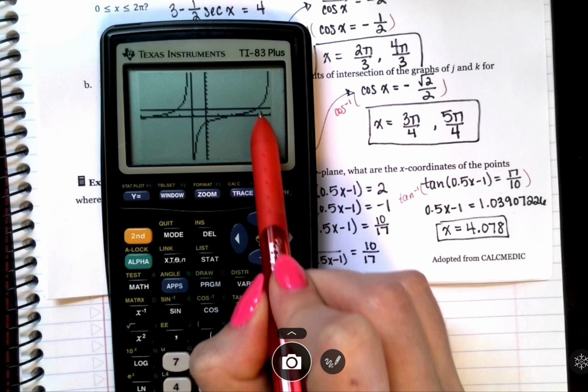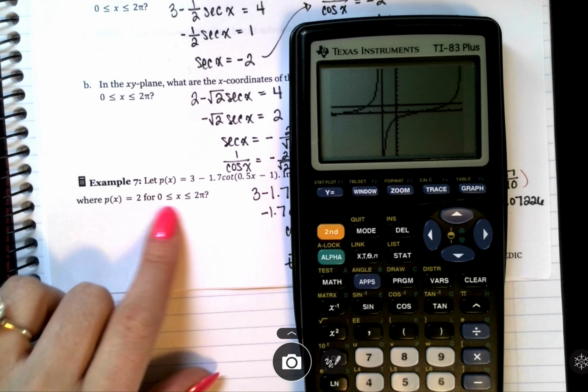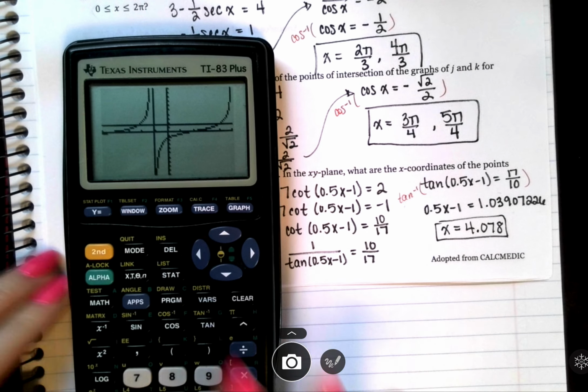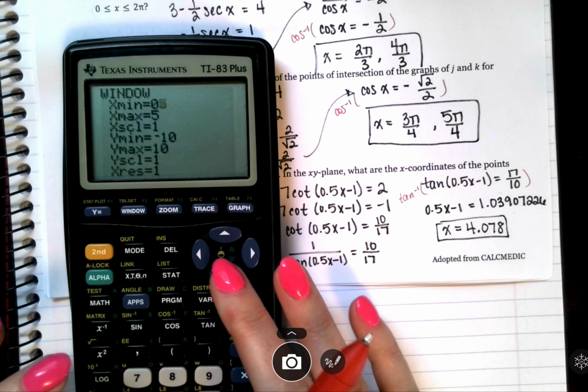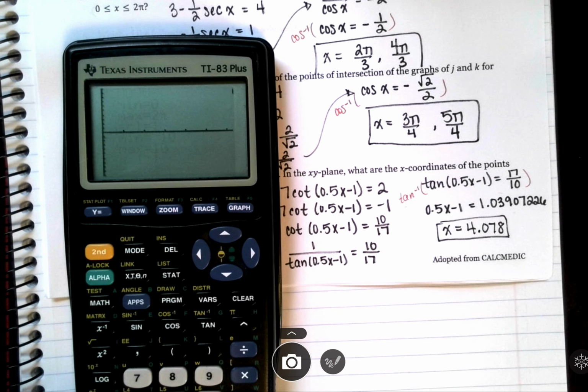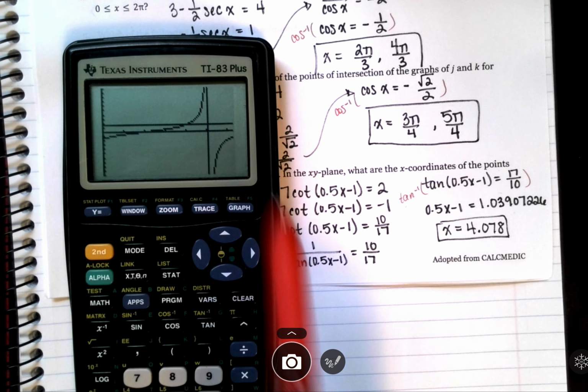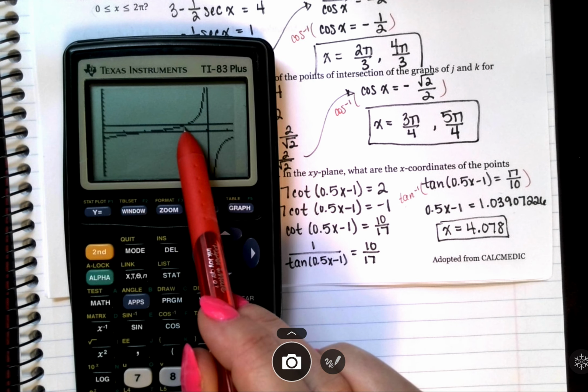So I see 2 of them, but I want to make sure that my window is in the right place. So I'm going to hit my window button. If I just want 0 to 2 pi, I'm going to put that right in here. So my x min is at 0, my x max is at 2 pi. And let's regraph it. So now I only see that there is one intersection in that interval.